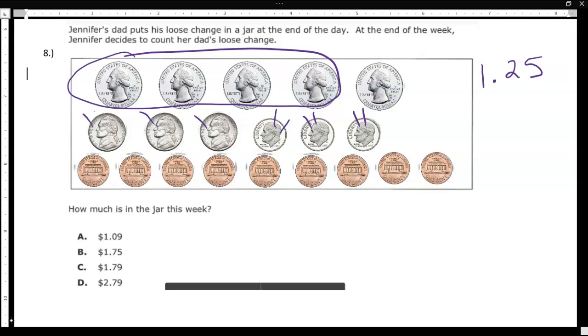So now let's count them. 5, 10, 15, 20, 25, 30, 35, 40, 45. So this is 45 cents. Now pennies, we have 1, 2, 3, 4, 5, 6, 7, 8, 9. So it's going to be 9 cents.